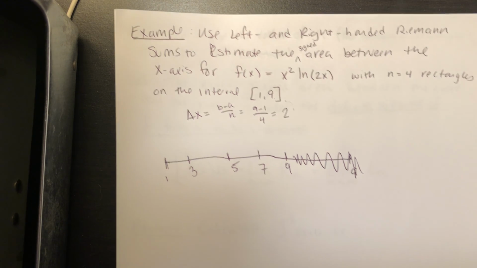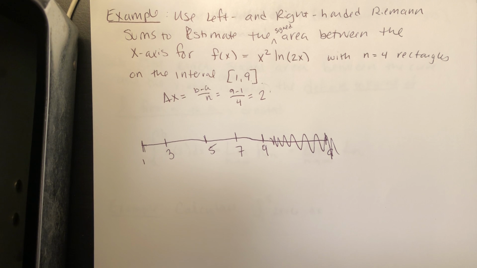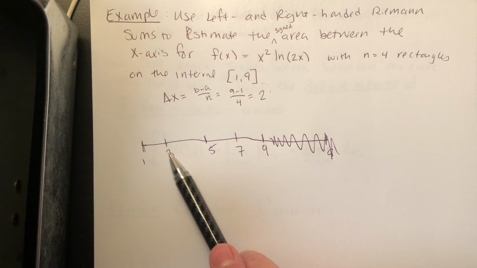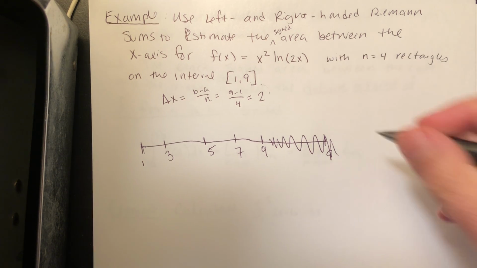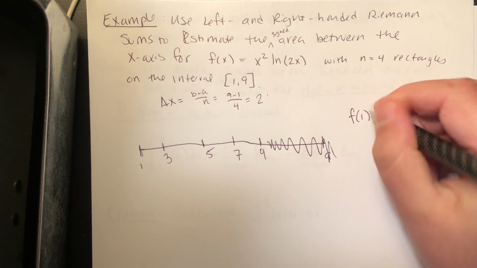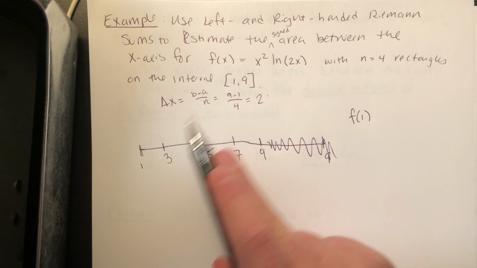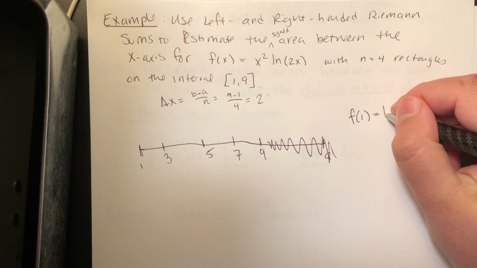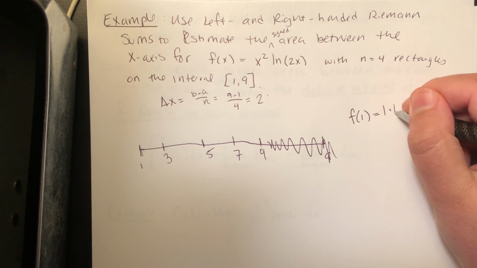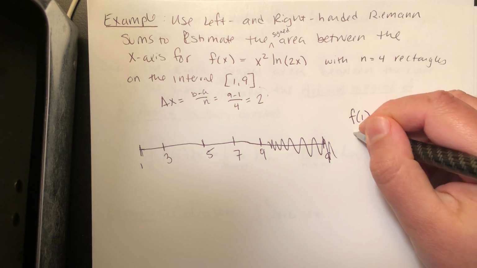Right, but once again, as scratch work, it's going to be useful for us if we plug each of the endpoints into the original function and see what the outputs are. So f of 1, for instance, that's our leftmost endpoint, would be 1 squared times ln of 2. Whatever that is.